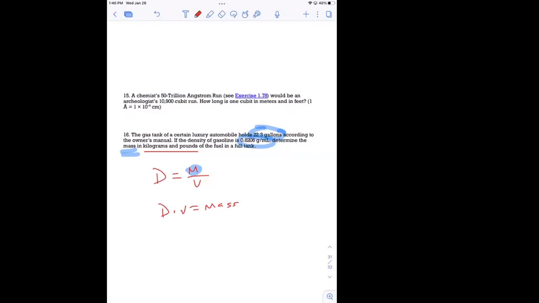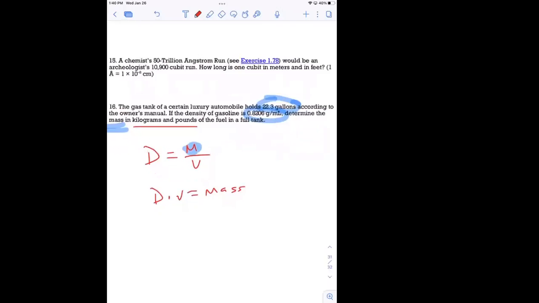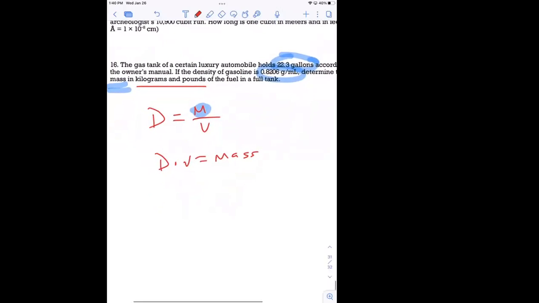All right. So now here's the question. If that's the case, and density is measured in grams per milliliter, what does my volume need to be in order for milliliters to cancel and for me to get grams?